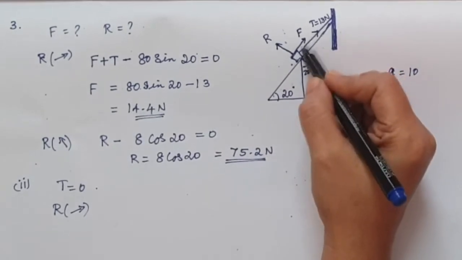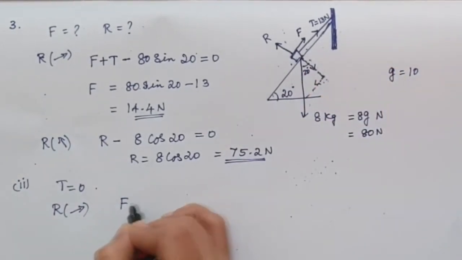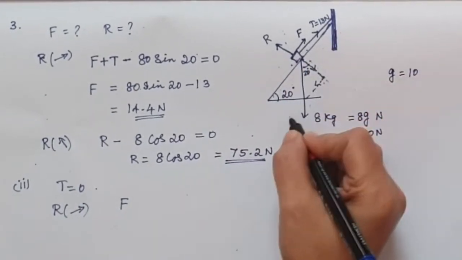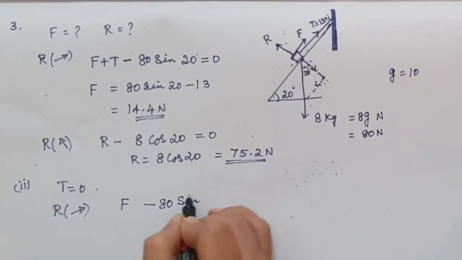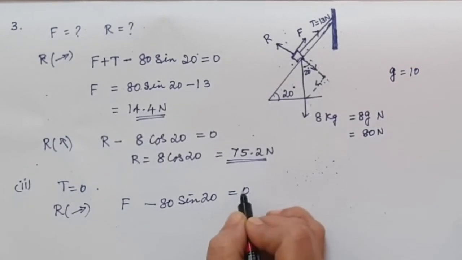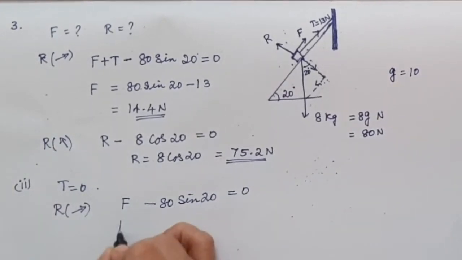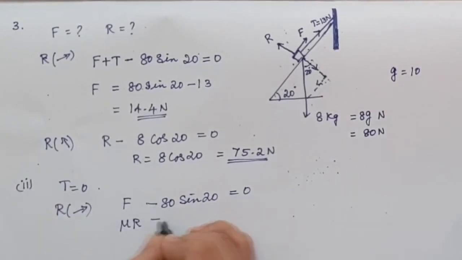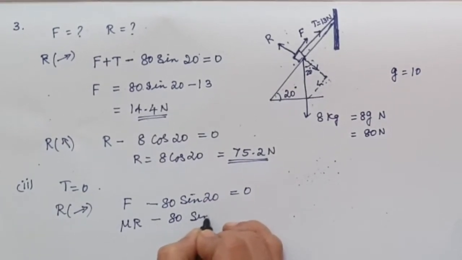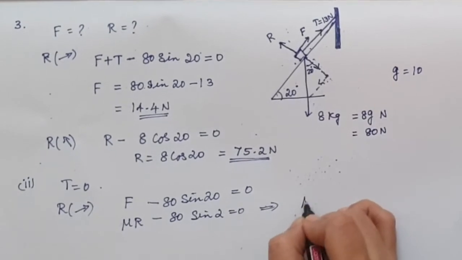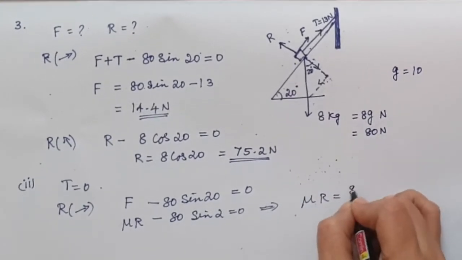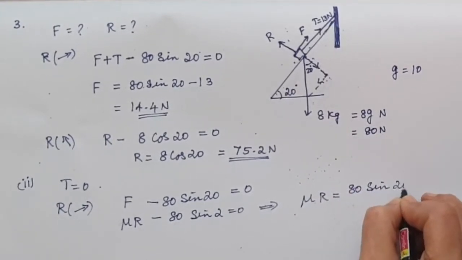When we resolve, we have F in the upward direction, and this is in the downward direction, so it is minus 80 sine 20. That will be equal to 0. But the frictional force is mu R. So mu R minus 80 sine 20 equals 0, which implies mu R equals 80 sine 20.